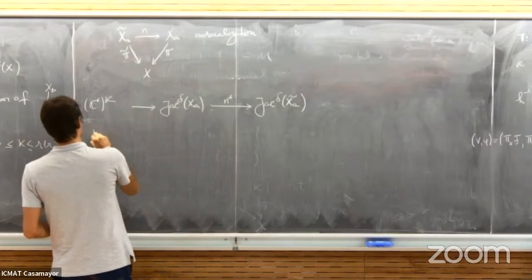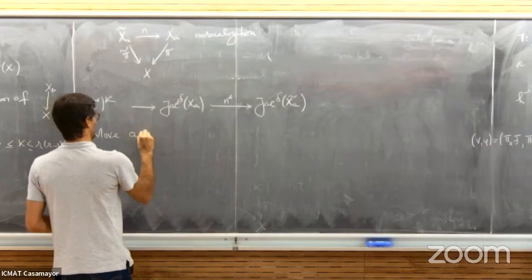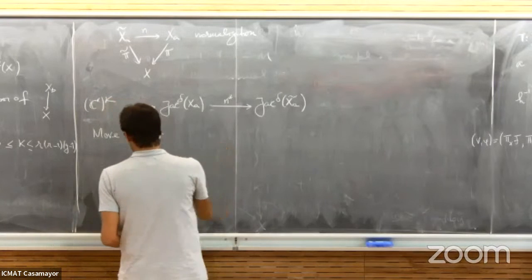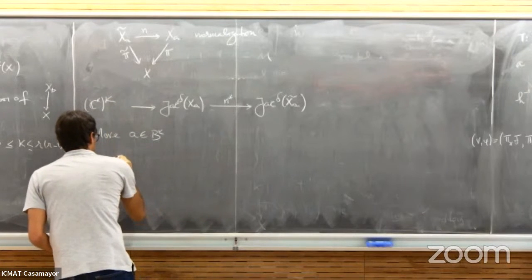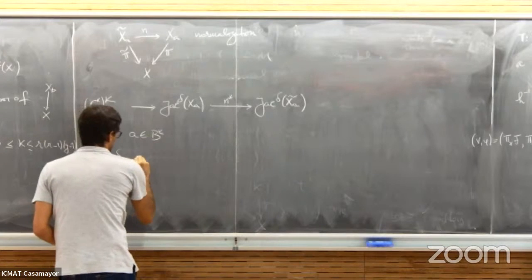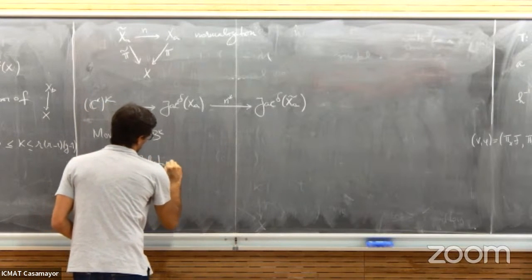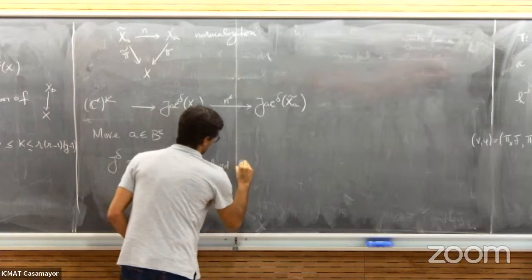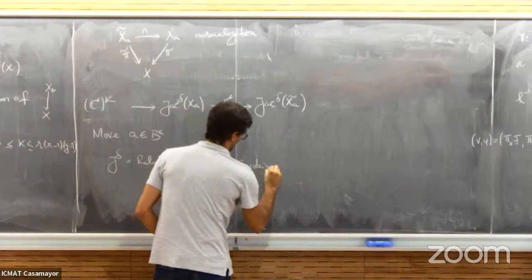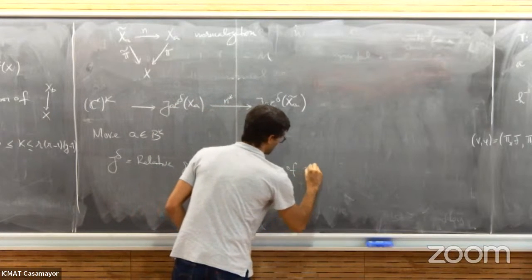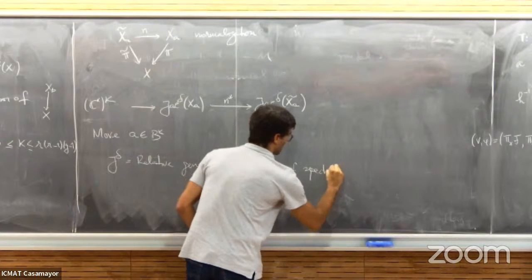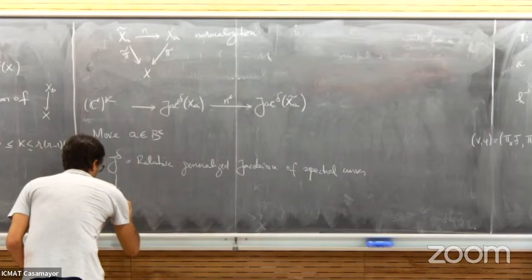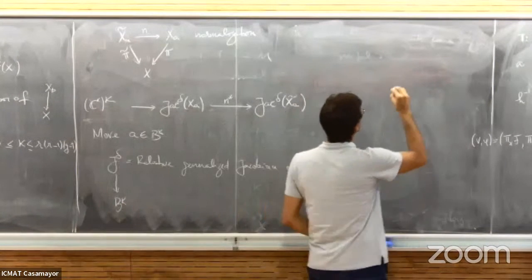And now let's consider the following. Consider J delta to be the relative generalized Jacobian of spectral curves over D_k.